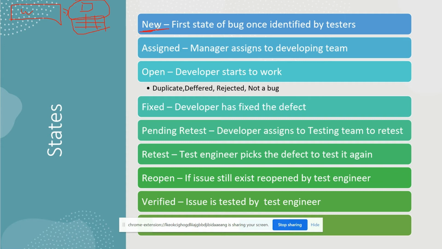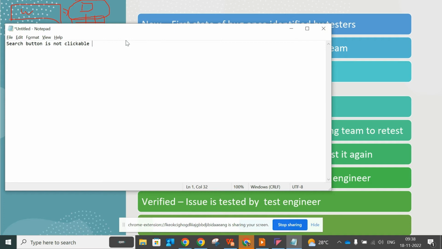Initially when you find it, the status will be new, and the QA engineer or test engineer will mark it. Whoever finds the bug will mark it as new.